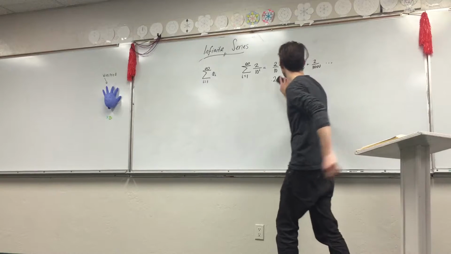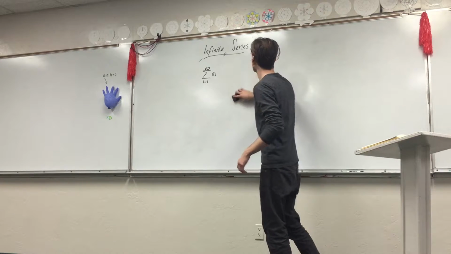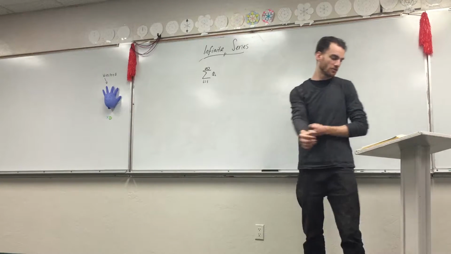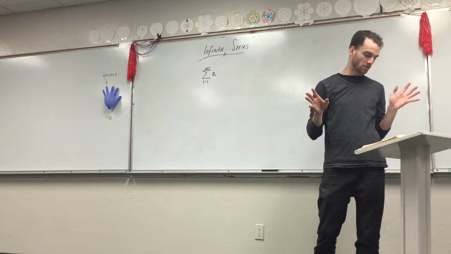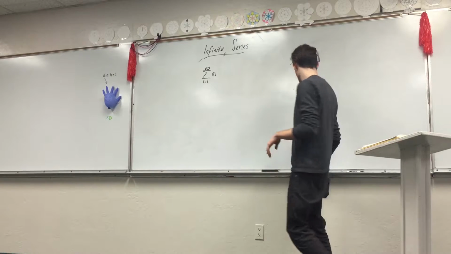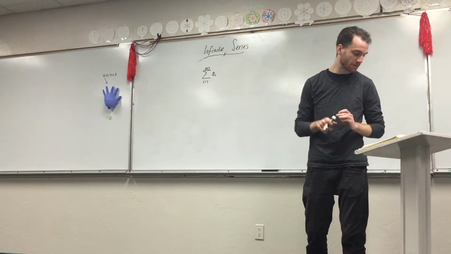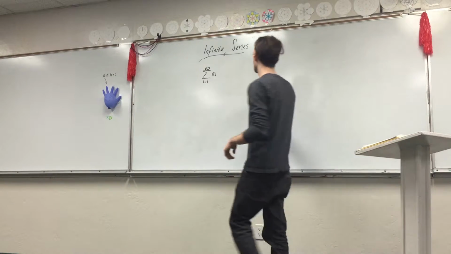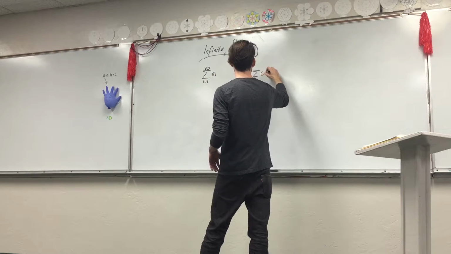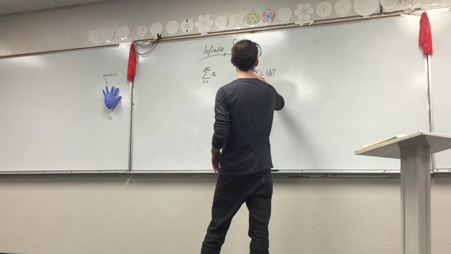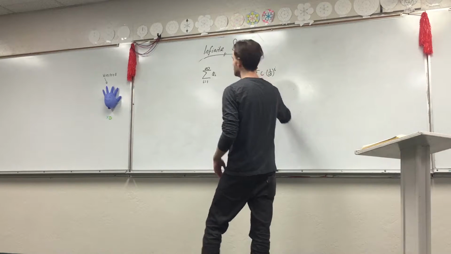Good. Now, that's all for just the general, right? If I've got something like that, I could say I've just got some constant multiplied by 1 over 10 to the i, where i equals 1 to infinity.